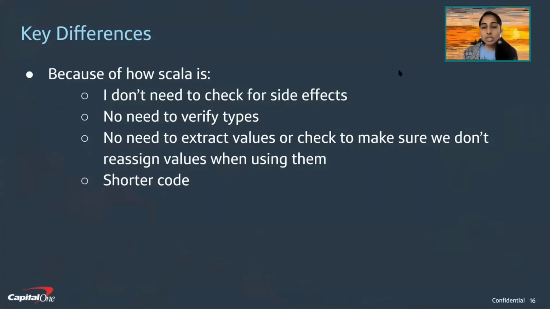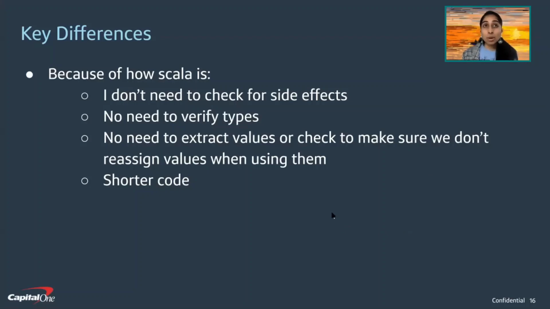I don't actually have to check for side effects in the Scala code, which is really neat because, like we saw earlier, the compiler doesn't work if you are trying to reassign values to types, and there's strict type checking. So when you specify a function in Scala and you specify the type of the input and the output, if either one of them doesn't match, your compiler will catch it and error out, which is awesome.